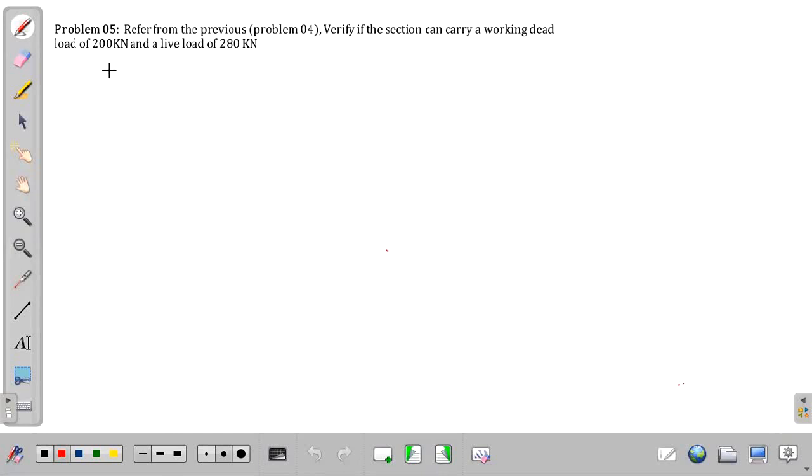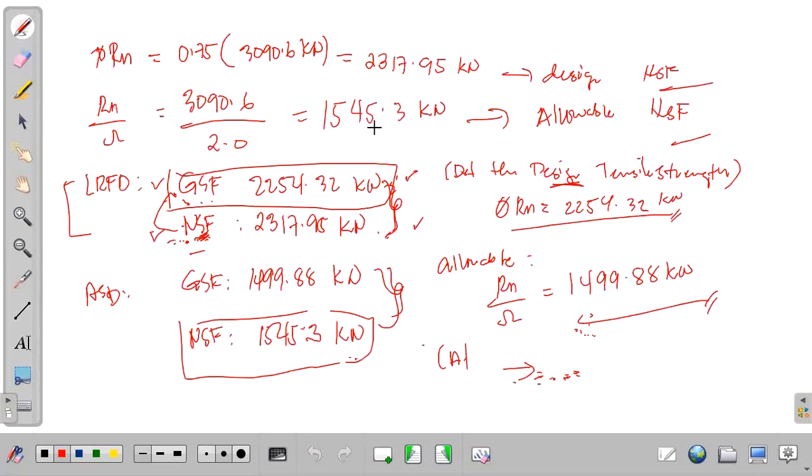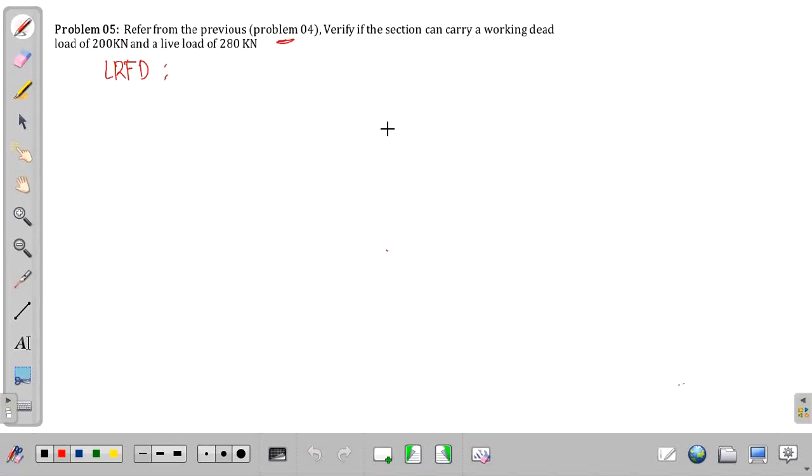Okay, so let's move. So we have here problem number 5. Sabi sa problem number 5, we have to refer from the previous problem. Ang tanong, we have to verify if the section can carry a working dead load of 200 and a live load of 280. From the previous problem, yung nag-govern pagka LRFD method is equal to 2254.32.